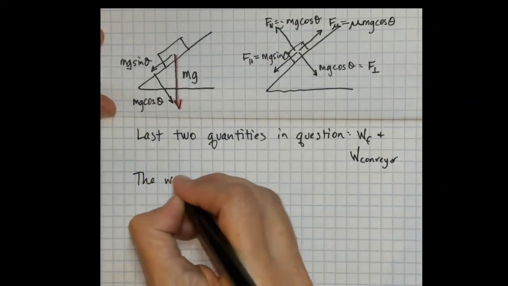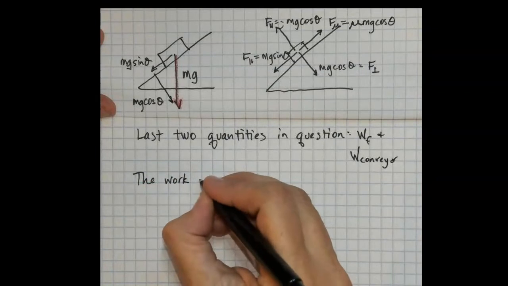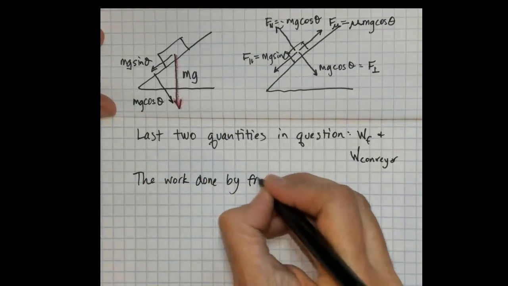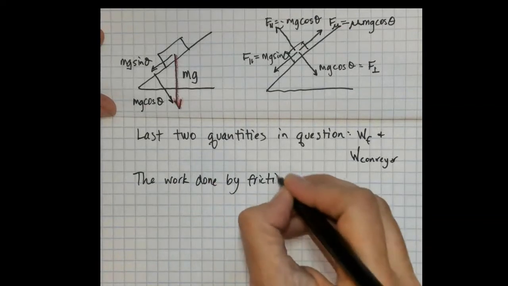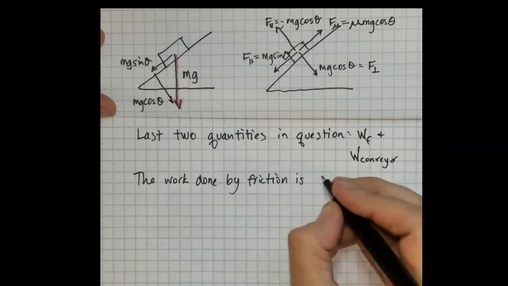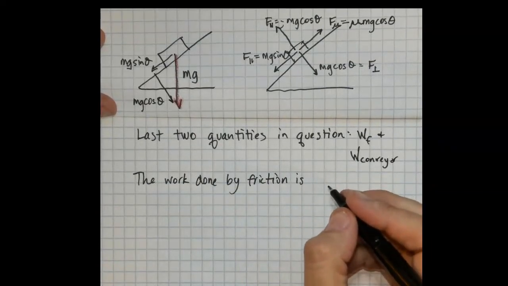I said it was mu, the coefficient of friction, times mass times gravity times cosine theta. Now, when I wrote this out, I forgot, because I wasn't substituting in numbers, that the problem didn't give us a value for mu. So I had to pause and consider for a moment, well, if it didn't give me mu, I must not need it.